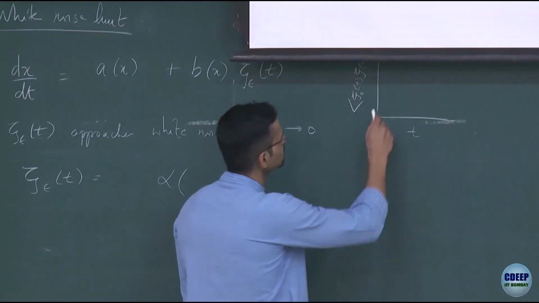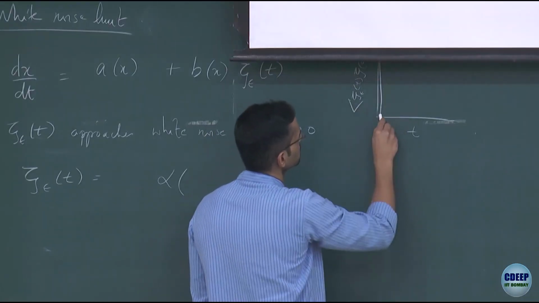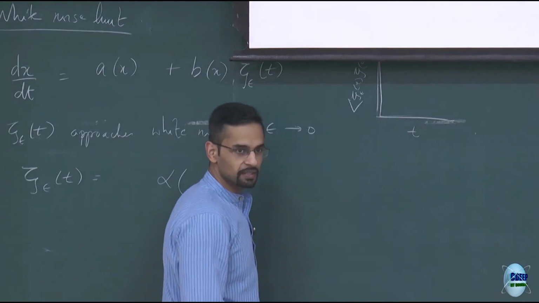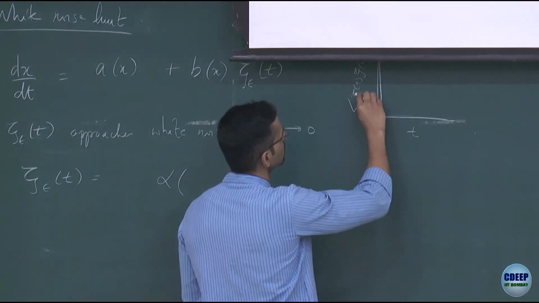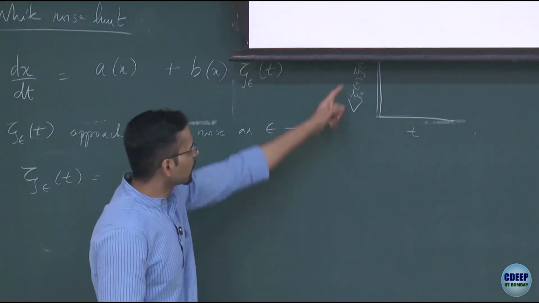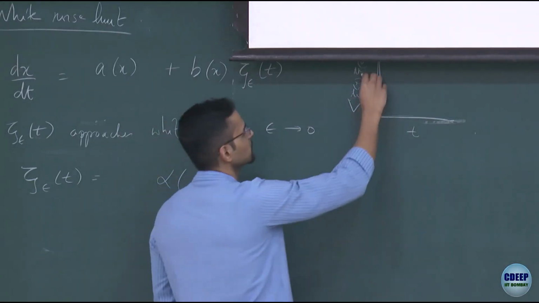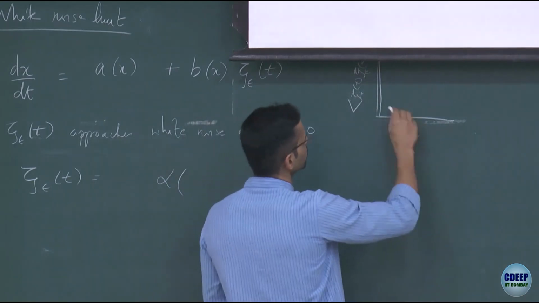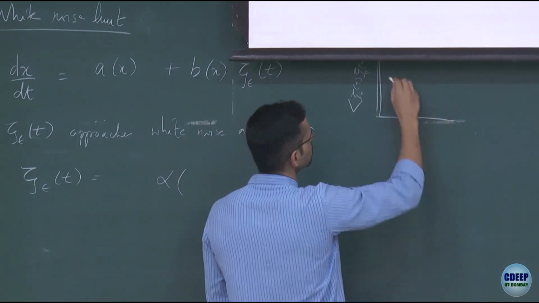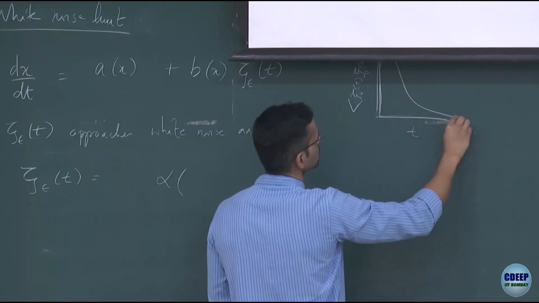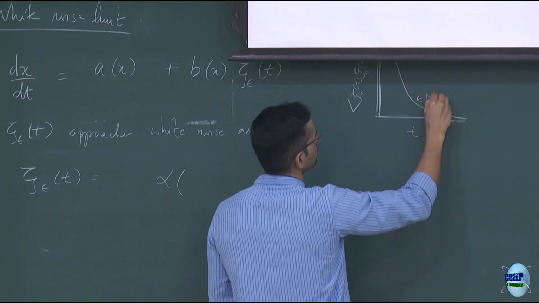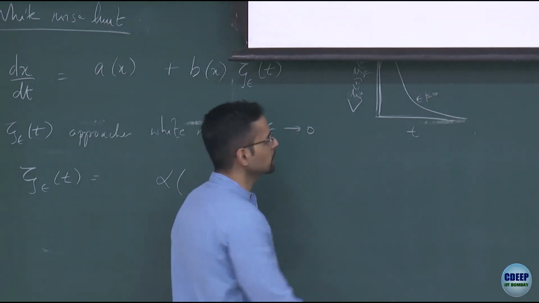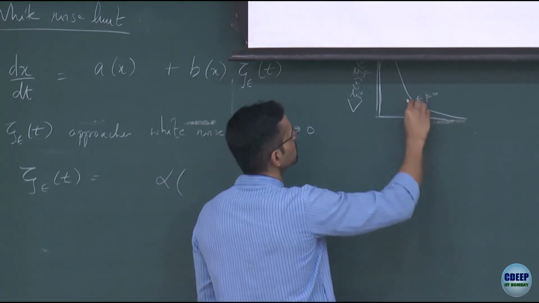So if it is white noise, it will be like a spike, everything else is 0. It's delta correlated, right? But at 0, zeta epsilon at 0. So what I would like is, if epsilon is finite, I have something like this. Okay, and then it becomes sharper and sharper.